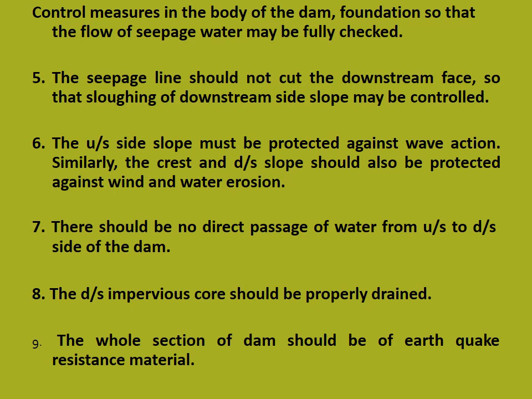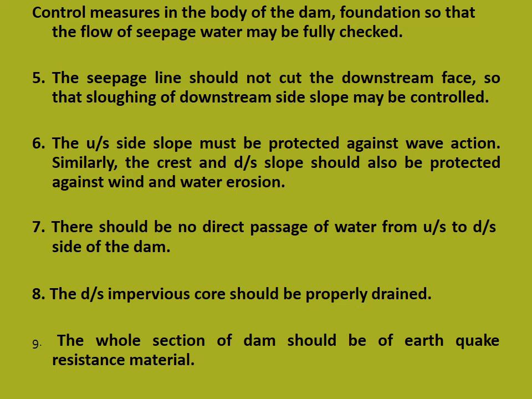The upstream side slope must be protected against wave action. Similarly, the crest and downstream slope should also be protected against wind and water erosion. There should be no direct passage of water from upstream to downstream side of the dam to protect the structure against flowing.